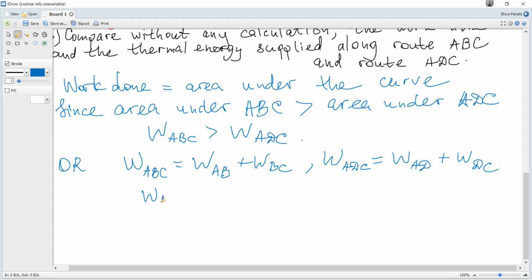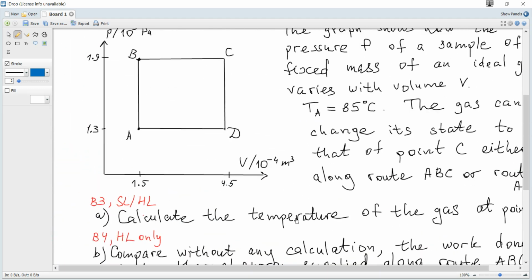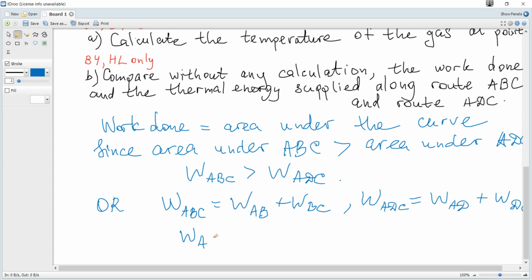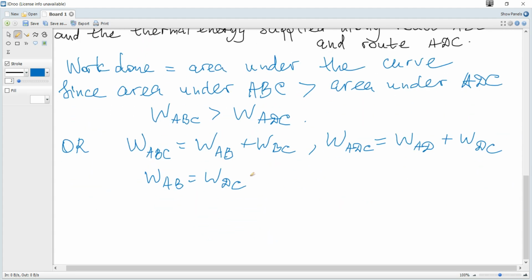Work for AB is equal to work for DC and is equal to 0, since delta V is equal to 0 for both.